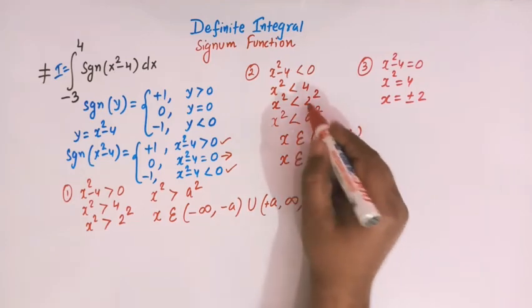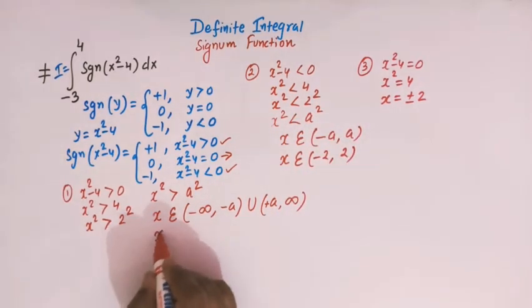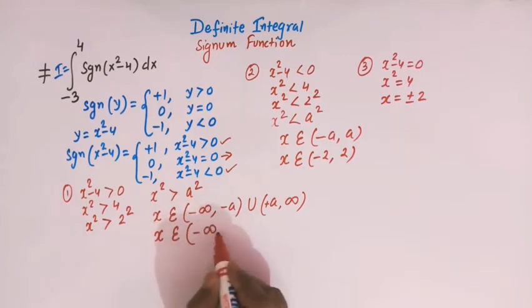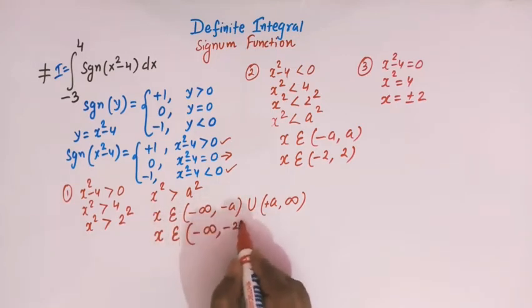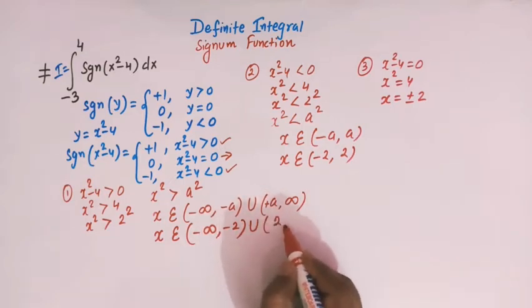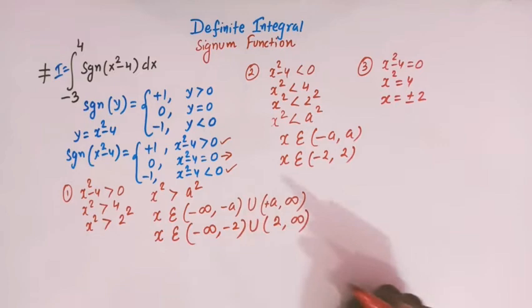And for the other inequality, x belongs to minus infinity to minus 2 union 2 to infinity.